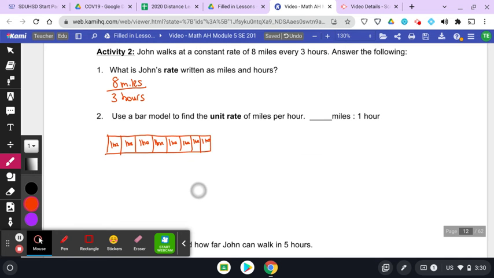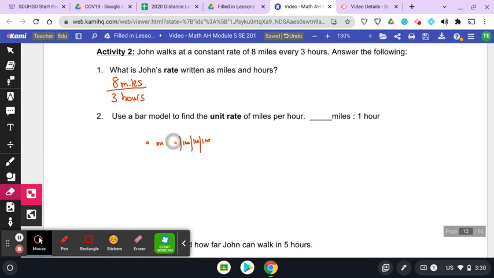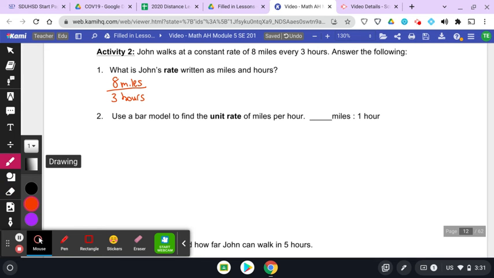Nope. Let's cut that. Erase. Okay, we got 8 miles.